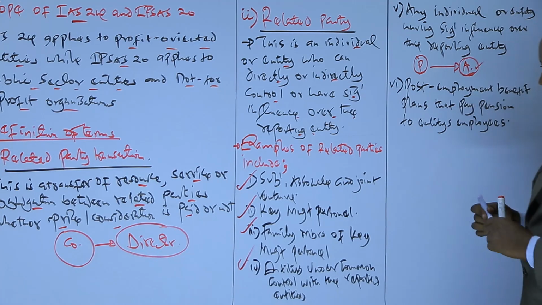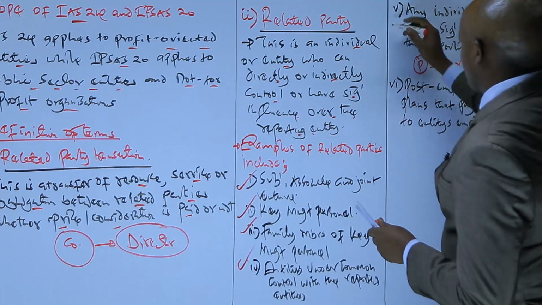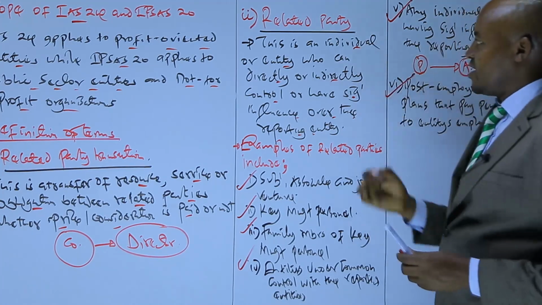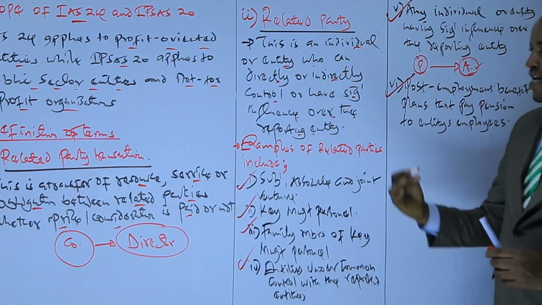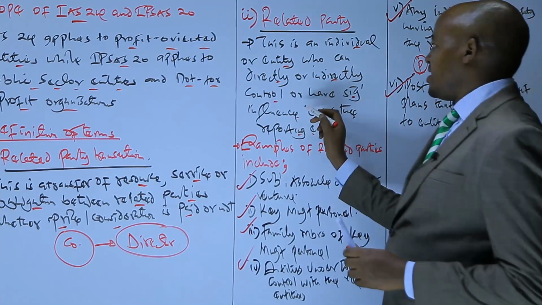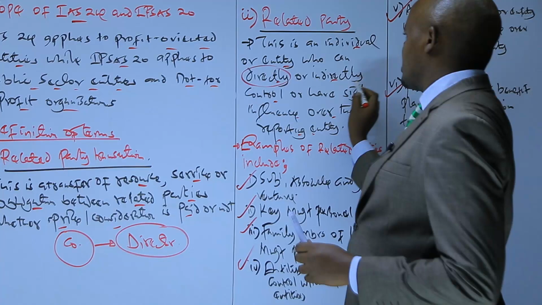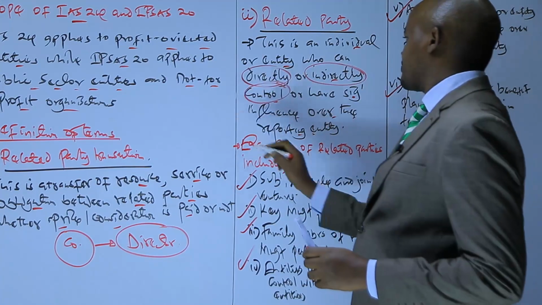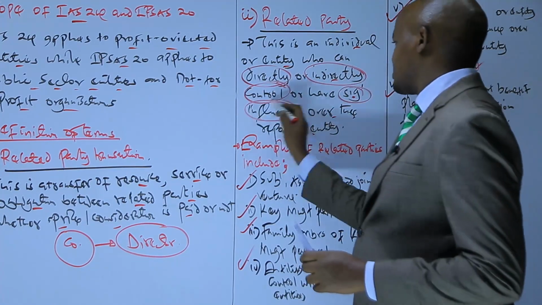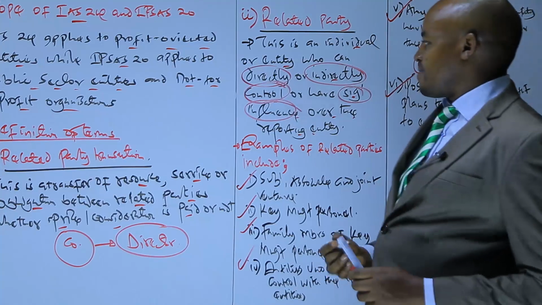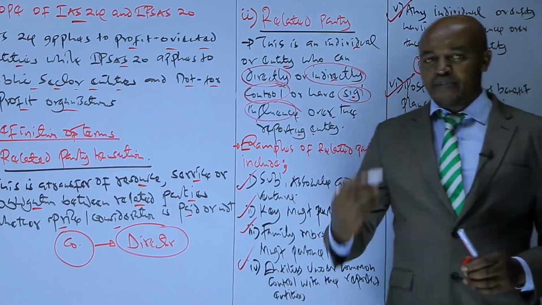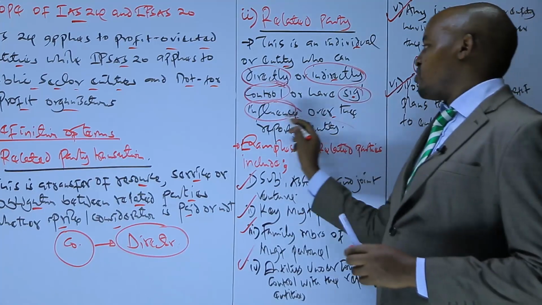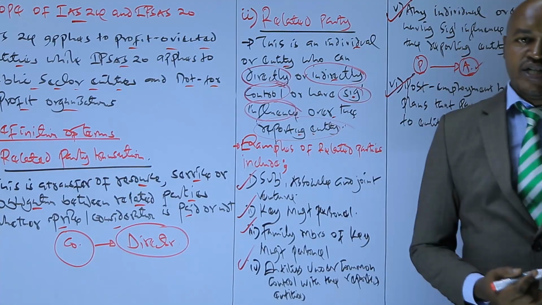So these are some of the good examples of related parties, and we are saying that all these parties, because they are related to an entity, can directly or indirectly control or influence the reporting entity, that is, the operating and financial decisions made by the reporting entity.